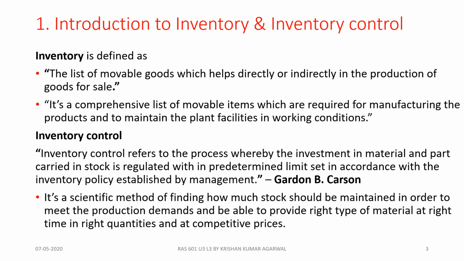So it is a big question to decide how much quantity a manufacturer should take from the vendors, and at what time they have to place the order again and again.